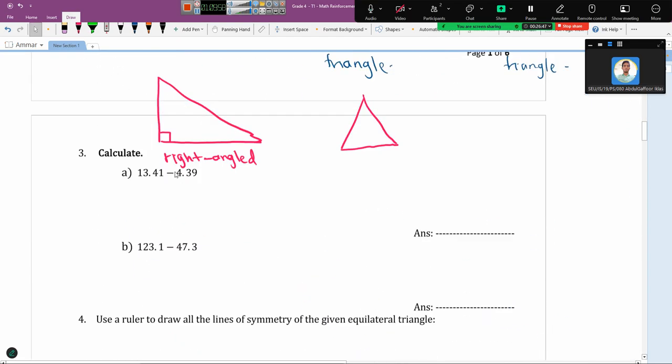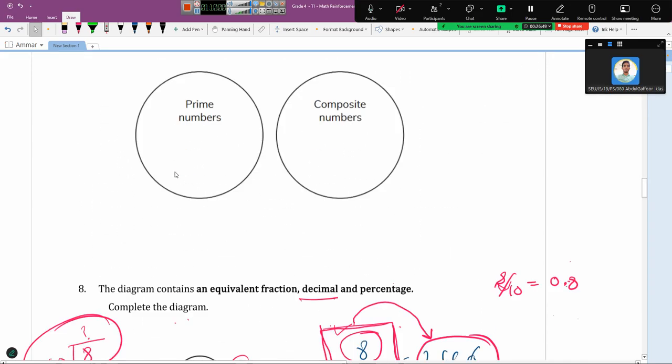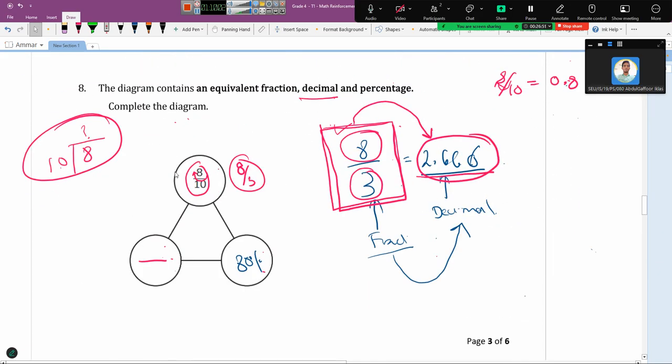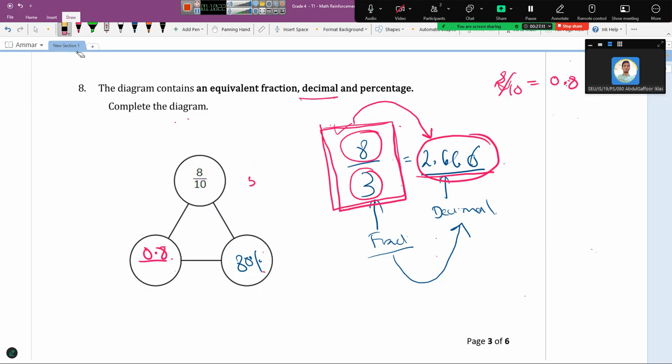Here's the answer. So how can you convert this number to a fraction? The answer, 0.8. Have you understood? Are you clear now? Are you clear now how I wrote the decimal from the fraction?